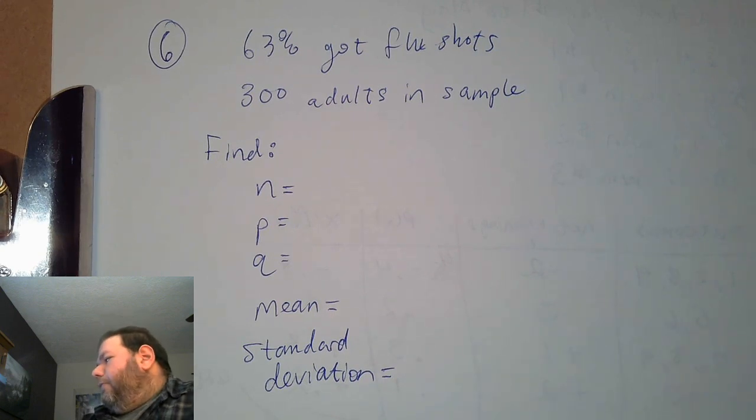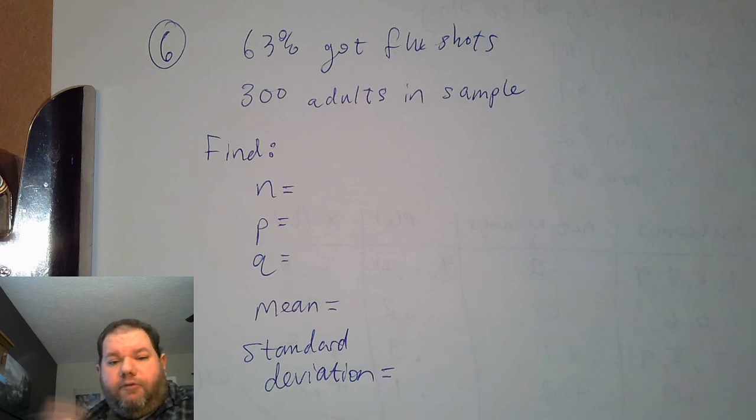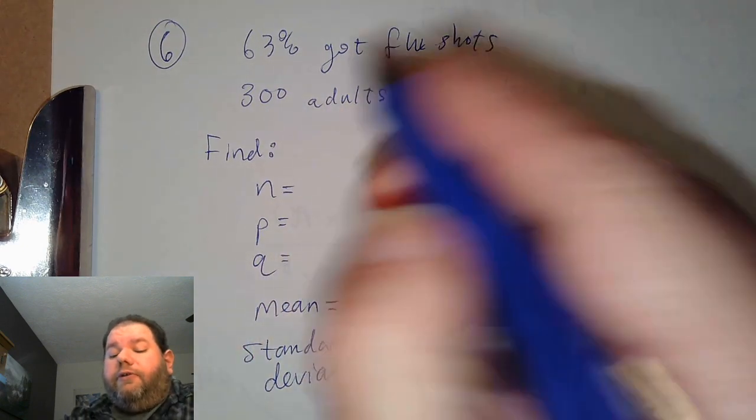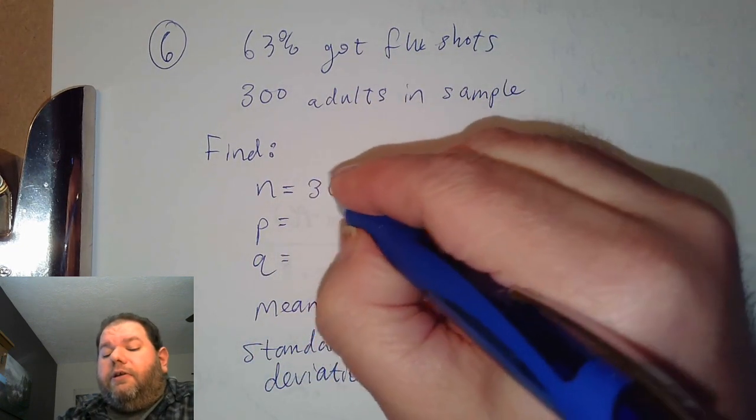Now, N is either the number of trials, if we have some process being repeated, or our sample size. Sample size and trials are counted the same way. In this case, we know that we have 300 adults, so that's our sample size. N equals 300.